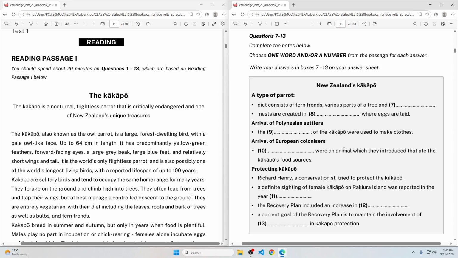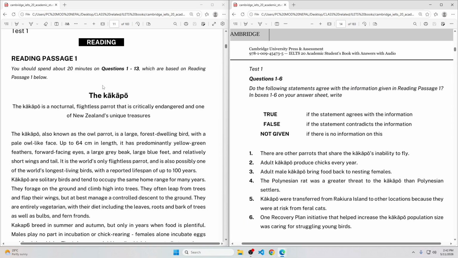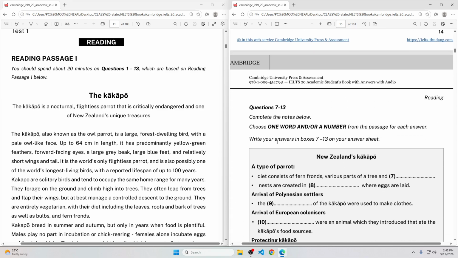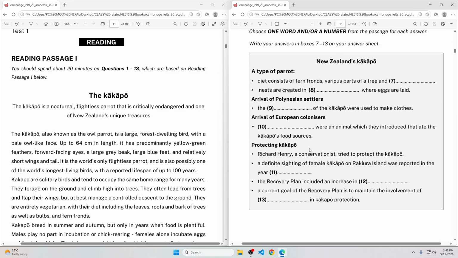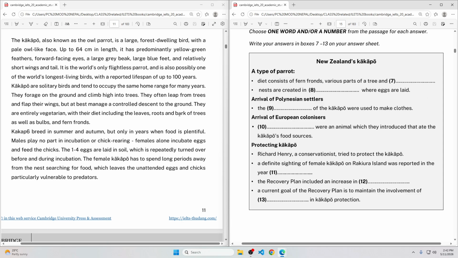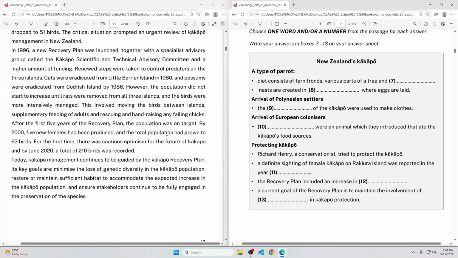So if we look at our question here for passage 1, the kakapo, for question number 1 to 6 we have true false not given, and in the next page we have 7 to 13, the last part, which means the answers for 7 to 13 should be in the latter half of the passage, not in the former half.